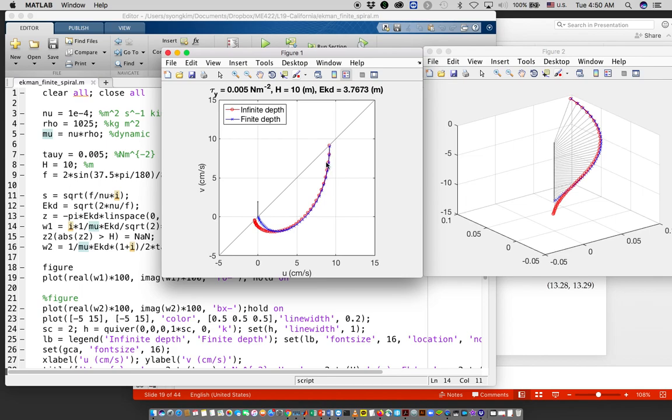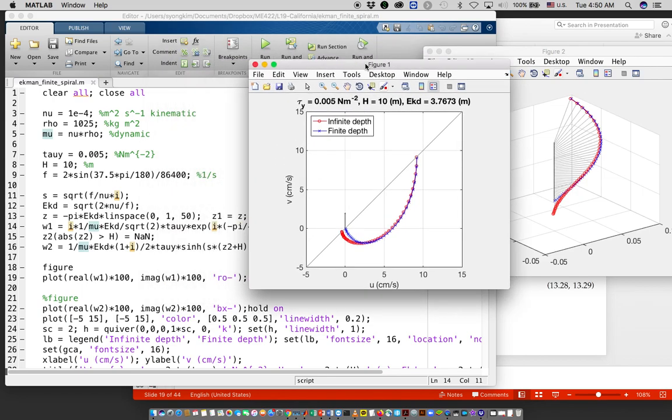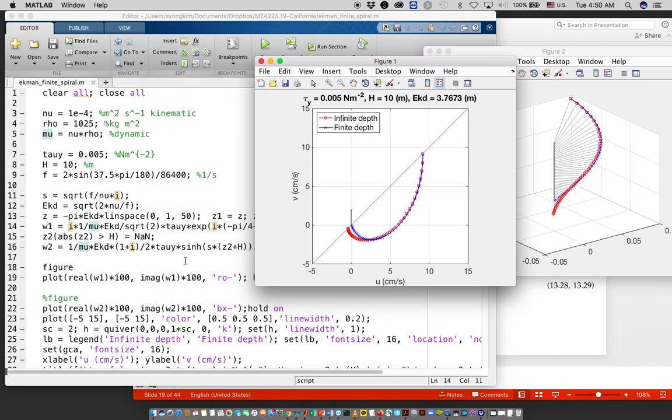As you get deeper, as you make 50 depth layers in Z, all the way they make a spiral. And one thing that differs is that blue is the finite depth H of 10 meters, and the other is infinite depth.